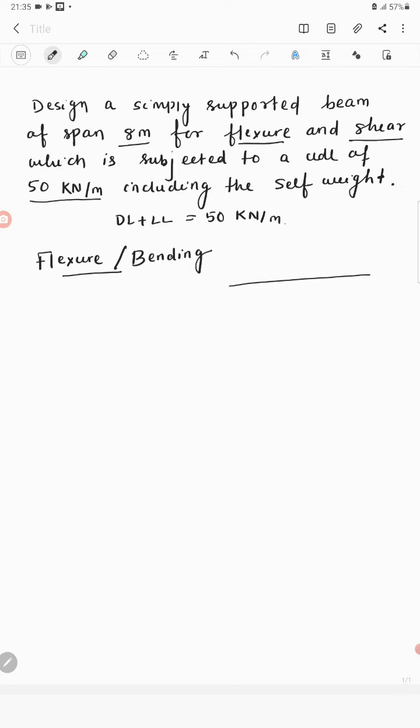Let's say this is the simply supported beam and length is 8 meter, which is subjected to UDL loading which is equal to 50 kilonewton per meter including the self weight of the beam.